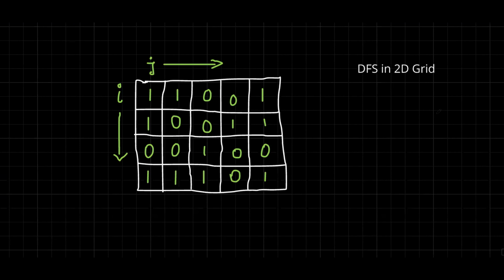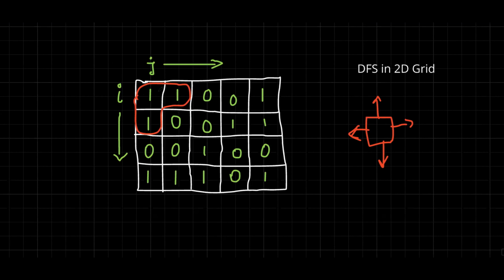Here, the basic intuition is a cell can be connected to its 4 adjacent cells. That means it can connect either left, right, up or down. So here we can consider this can be one of the islands.